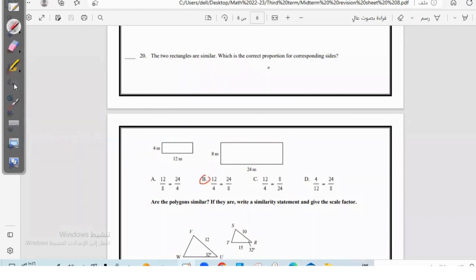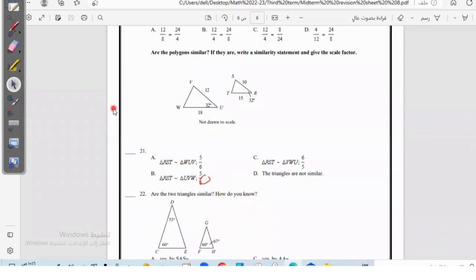Now, number 21. Yes, Ahmed? In this case, are they similar? Yes, why?